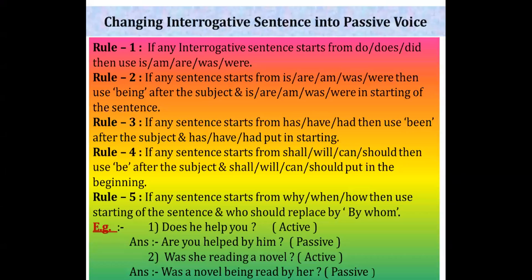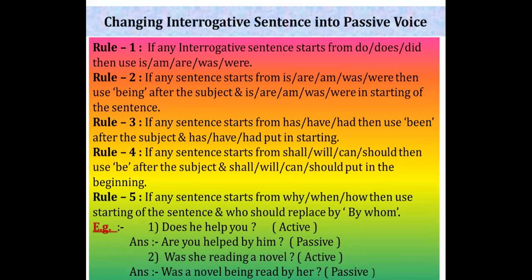Now we will see changing interrogative sentences into passive voice. When we are changing interrogative sentences into passive voice, what are the rules? Let's see, a total of 5 rules are there.